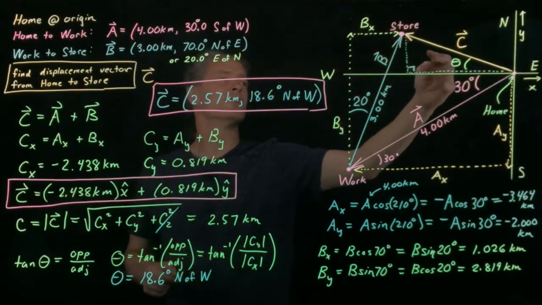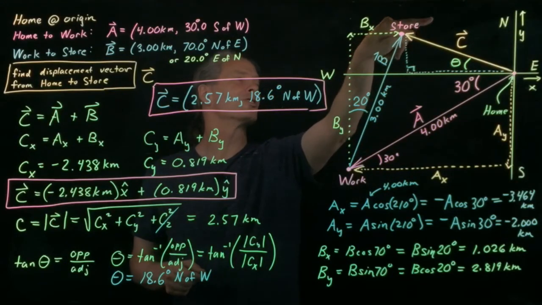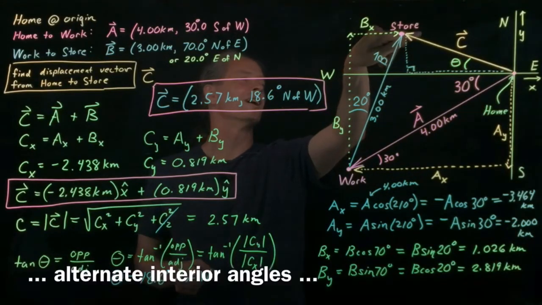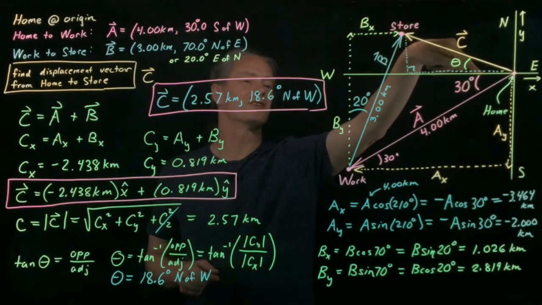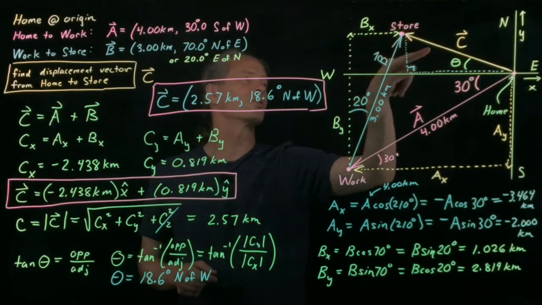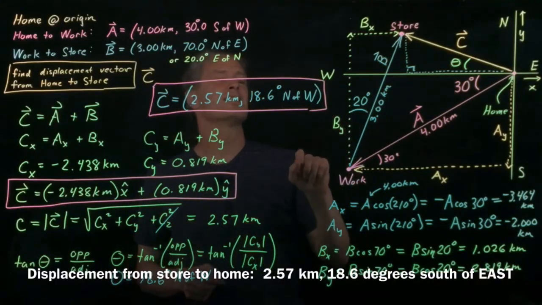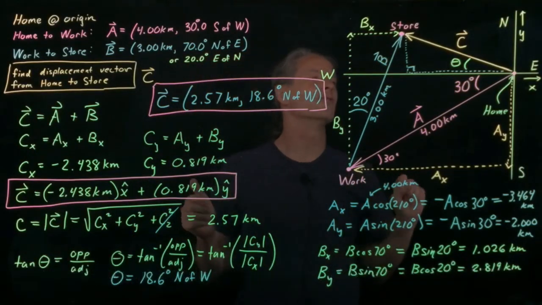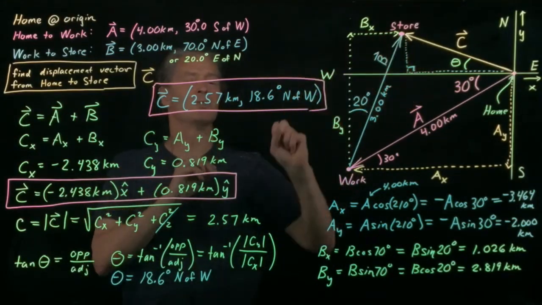If this is 18.6 degrees, that would also be 18.6 degrees. I could express that as from east, go 18.6 degrees to the south. So from the store to home would be 2.57 kilometers, 18.6 degrees south of west. And that vector would be minus this original C vector.